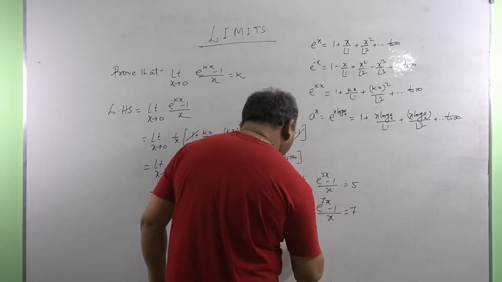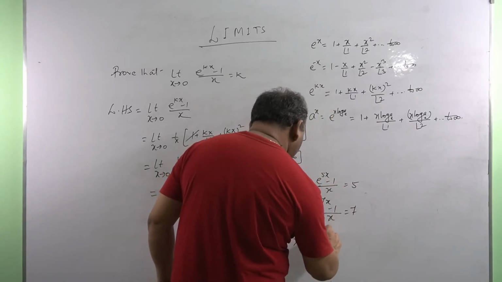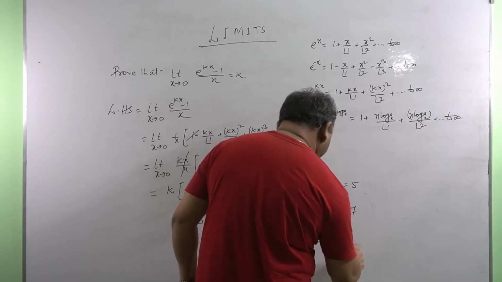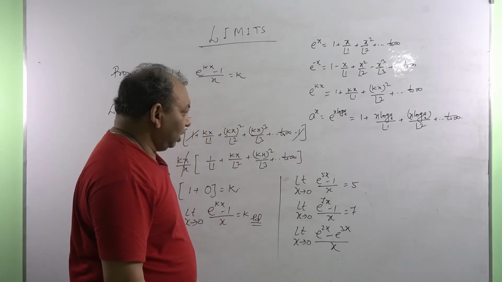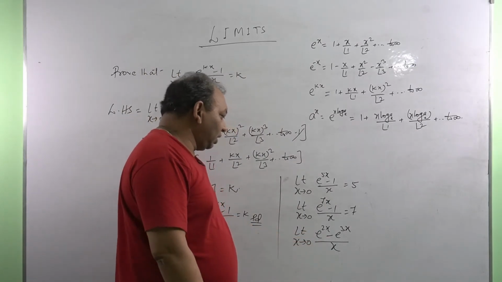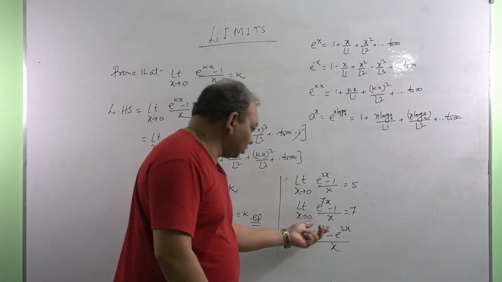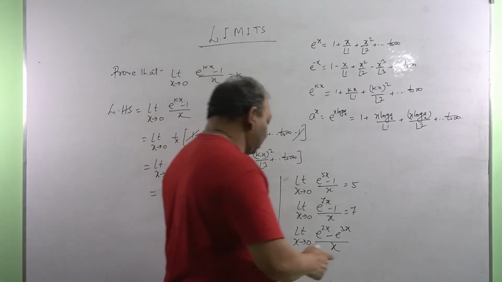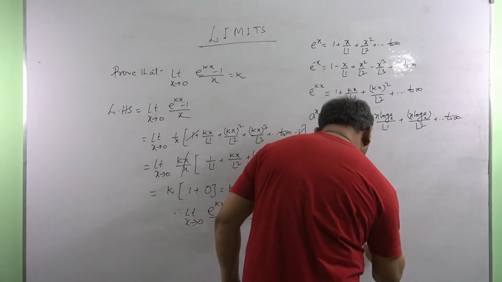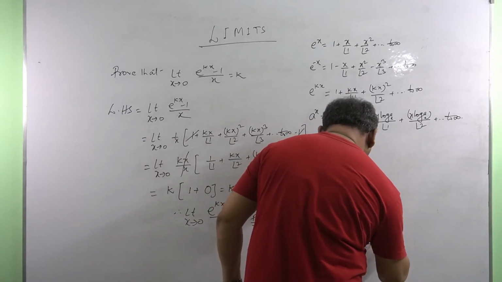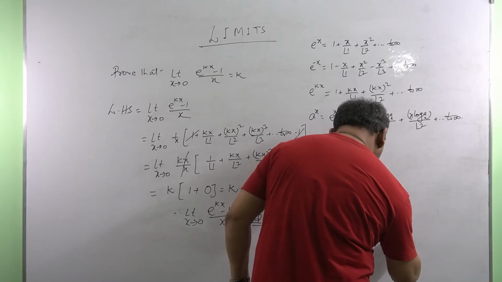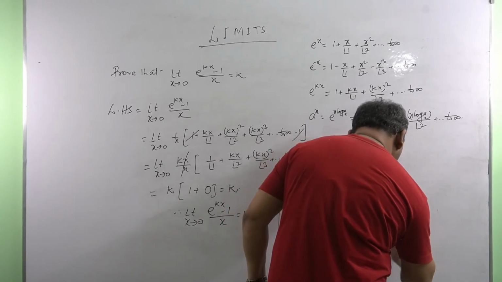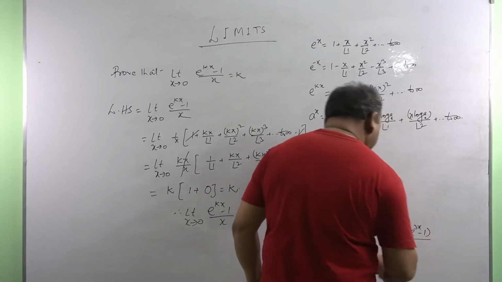Limit x tends to 0 e raised 2x minus e raised 3x divided by x. First of all, reduce this expression into this form and then use the formula. So this can be written as limit x tends to 0 e raised 2x minus 1 minus e raised 3x minus 1 by x.